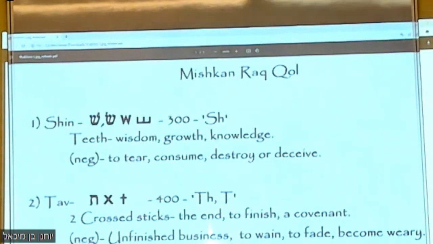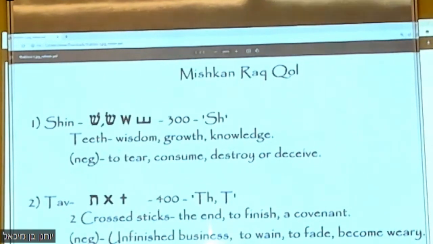But if you use an Ashkenazi pronunciation, it's Shabbos. OS instead of AT at the end. Spelled the same, but it's pronounced a different way because of the dialects. So that's why there's a need to point it at the top.